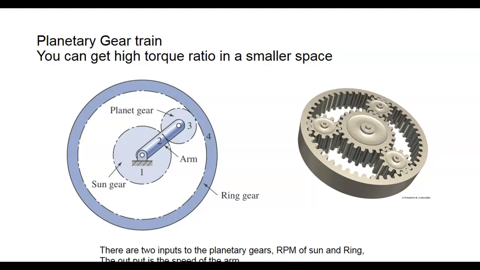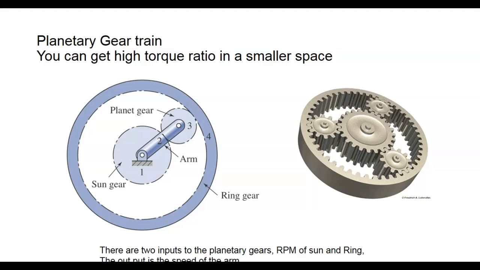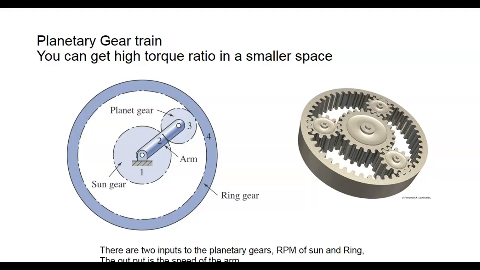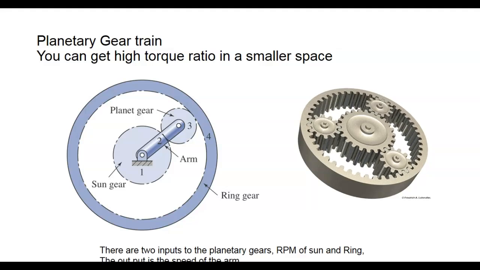I need to go back. We got a really good video somewhere, where gearboxes they had on tanks used these planetary gears. And what they would do is, depending on what they were driving, shift the drive.